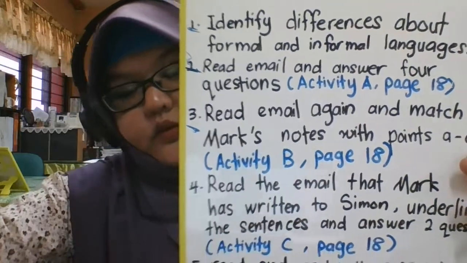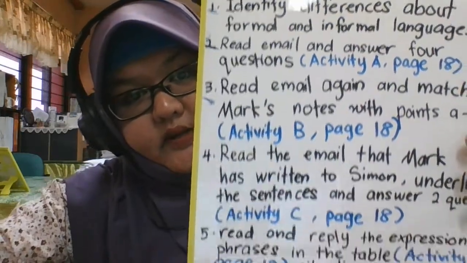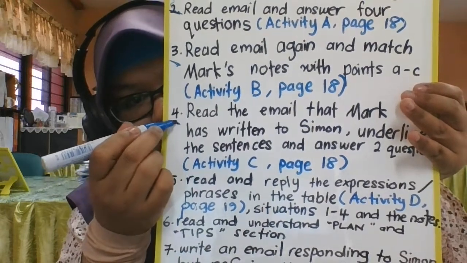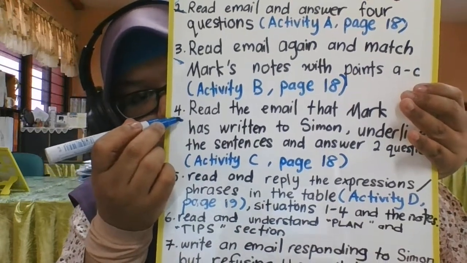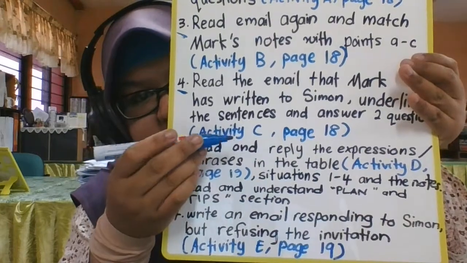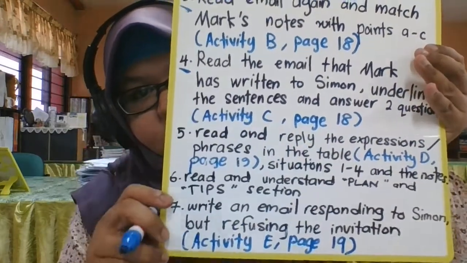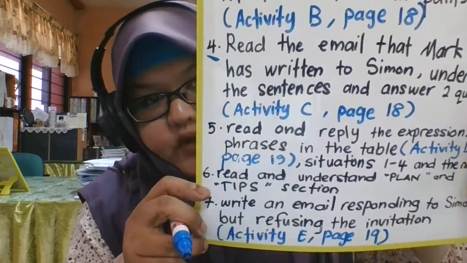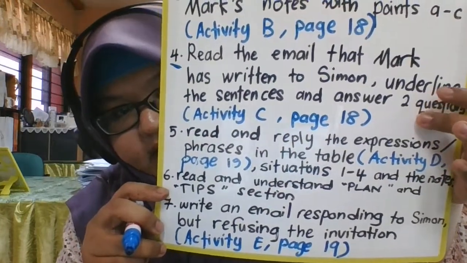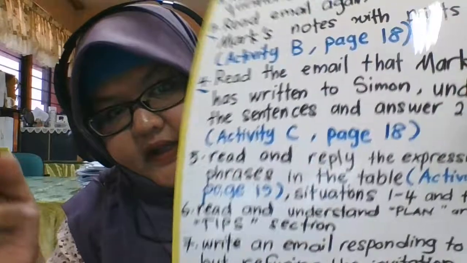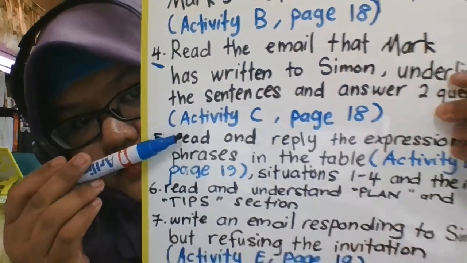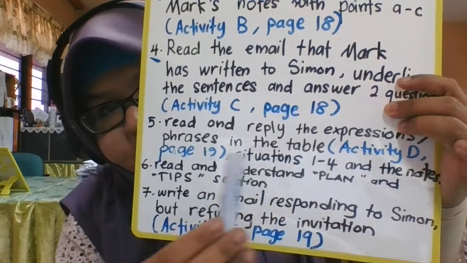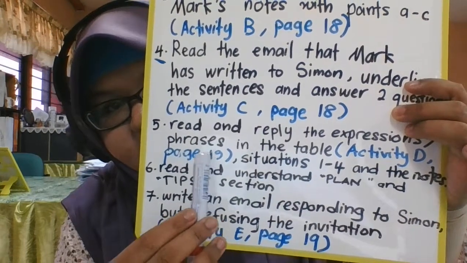So we did number 3, and just now I gave you explanation for number 4, which is activity C, page 18. Now let's look at number 5. What you should do now, after you had done your activity C, I would like you to look at activity D, which is number 5, page 19.